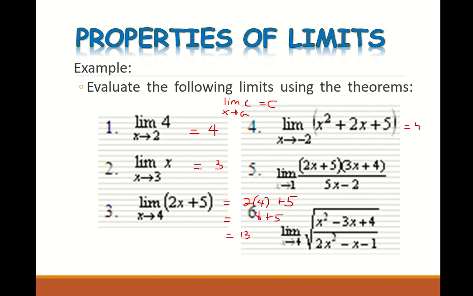So you just show your solution, class. Okay, how about this one? So the limit of the quantity 2x plus 5 times the quantity 3x plus 4 divided by 5x minus 2 as x approaches 1.